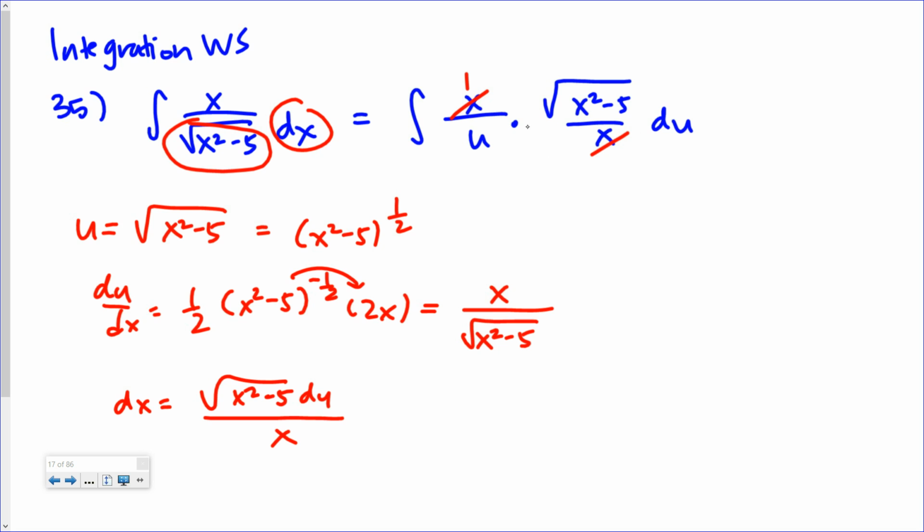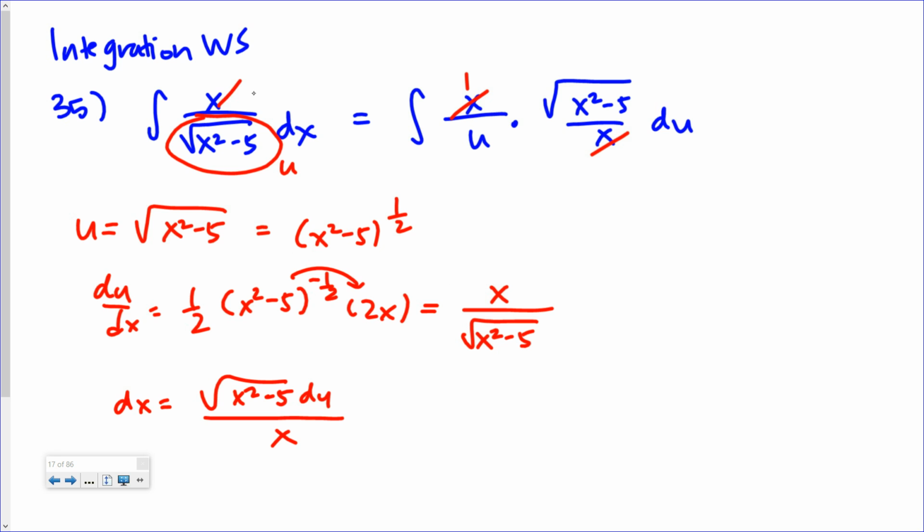This means I picked the wrong u, or I did something wrong, or I should have manipulated something else before I started this problem. It turns out I actually did pick the wrong u. U here should not be the entire bottom. I know it's not the entire bottom because if u is the entire bottom, then this would have been an ln problem. And so I would have to divide here by the derivative of u, which I have right here.